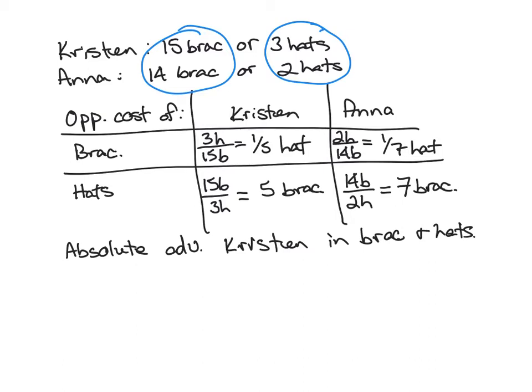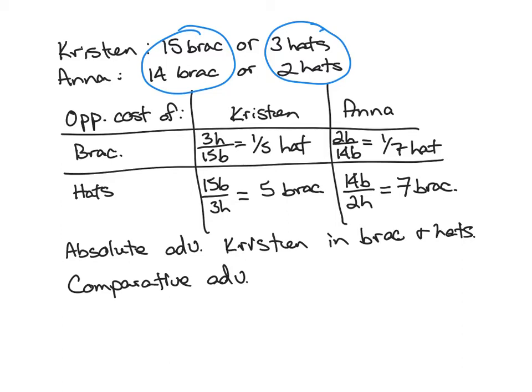Okay, now what about comparative advantage? So comparative advantage is when one producer can make something at a lower opportunity cost or lower marginal cost than another producer. So in this case, we have to look at our opportunity cost table here.